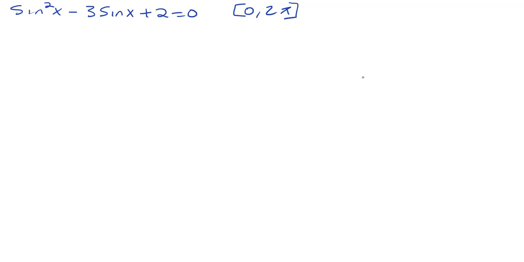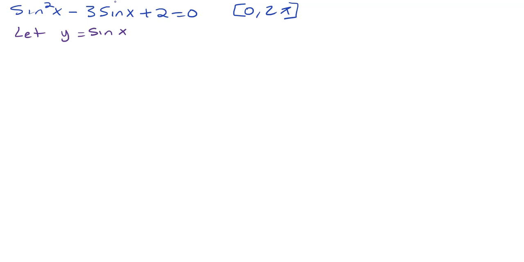Okay, so now we have this type, we are going to apply our knowledge of factoring. And sometimes, here's what I do, because I know that the presence of sine can be very confusing. This is usually the first step I take. I'll say something like this: let y equal sine x.